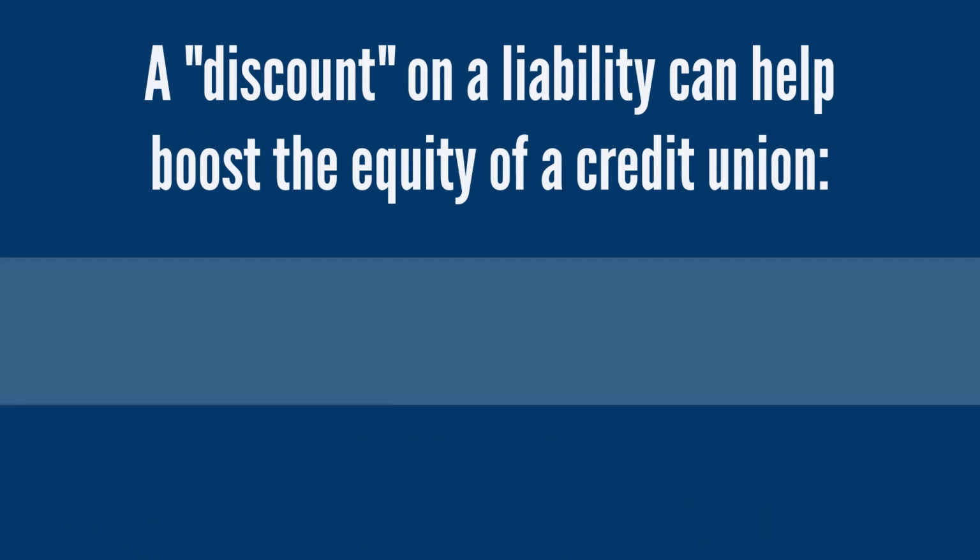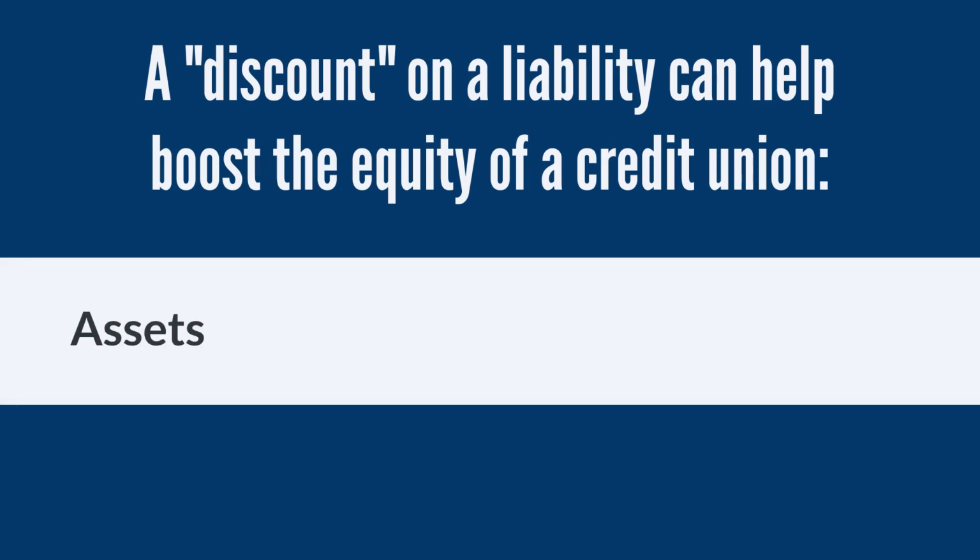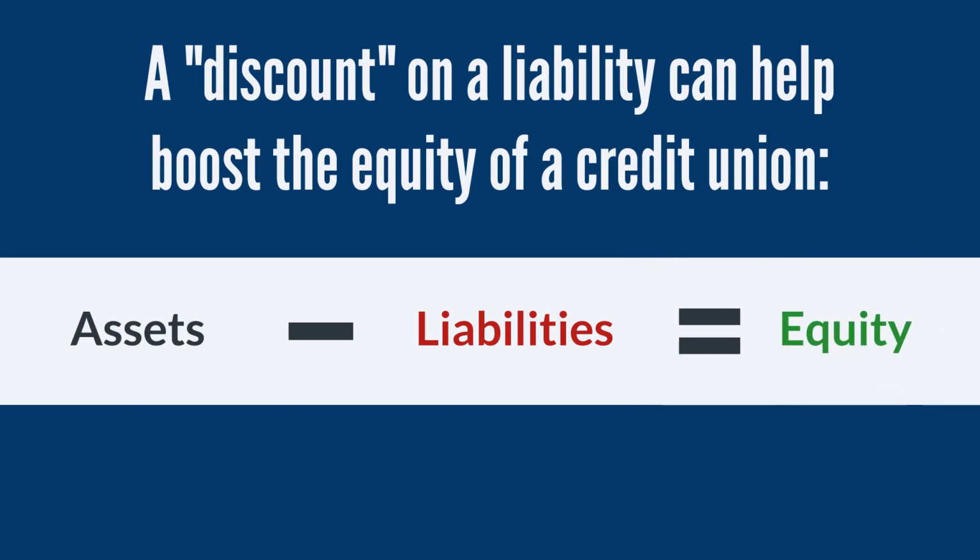By lessening this liability, equity will be increased, which will help to boost the credit union's net economic value capital ratio. However, in 2016, the NCUA became concerned that credit unions were taking too much of a discount on these liabilities and therefore overstating their equity.